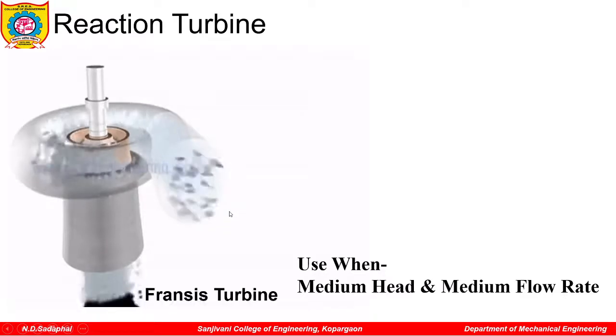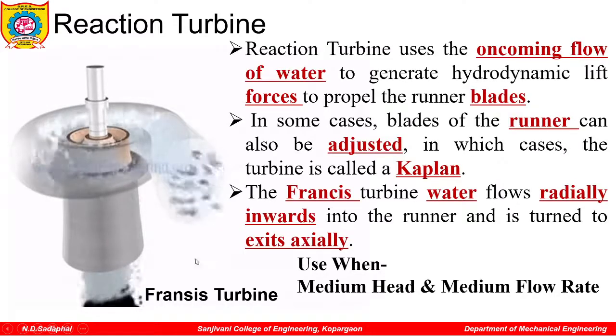You can see here Francis turbine is called a reaction turbine, same as that of Kaplan turbine. Working is the same. Water will enter from this penstock. It will move through this casing, which has decreasing cross section area.